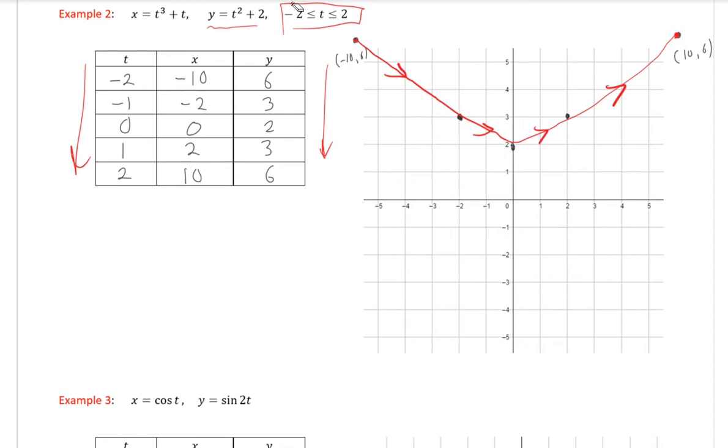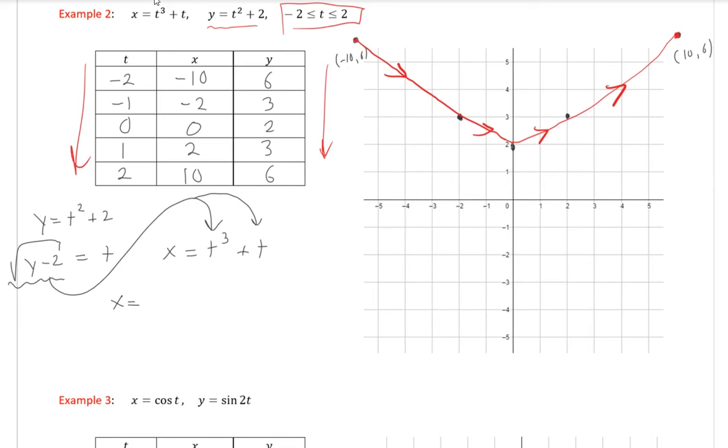So y equals t squared plus 2. We'll solve for t. y minus 2 equals t squared. We just take a square root to finish that off. And then when we have x equals t cubed plus t, we should be able to take this square root of y minus 2 and plug that into both t cubed and also this t.